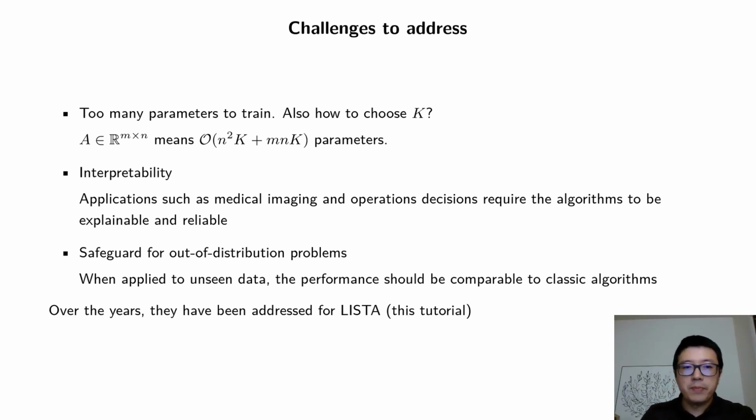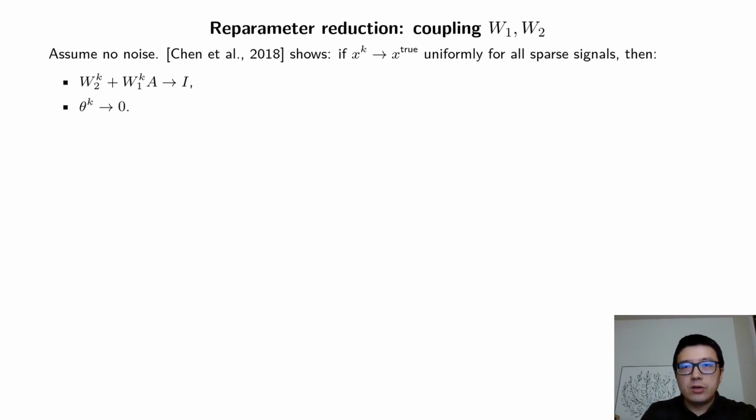And fortunately, over the years, they have been more or less addressed for the lasso model for the sparse coding problem. So the first idea we had about 5 years ago is to theoretically study what these parameters should satisfy and numerically verify that.